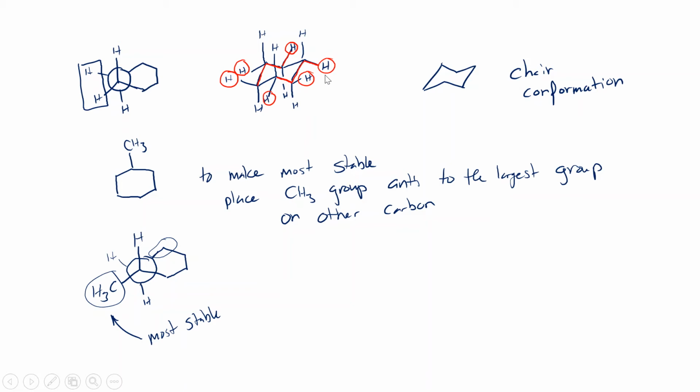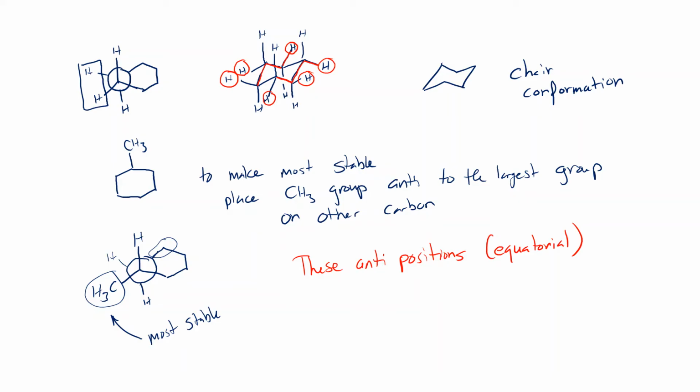So the circled positions, these anti-positions, are called equatorial. The reason is, if you imagine the chair conformation as like a globe, the equatorial positions all kind of point out along the equator.